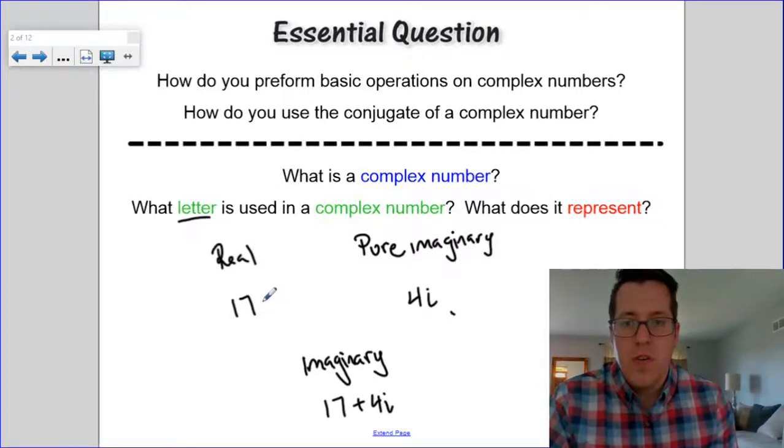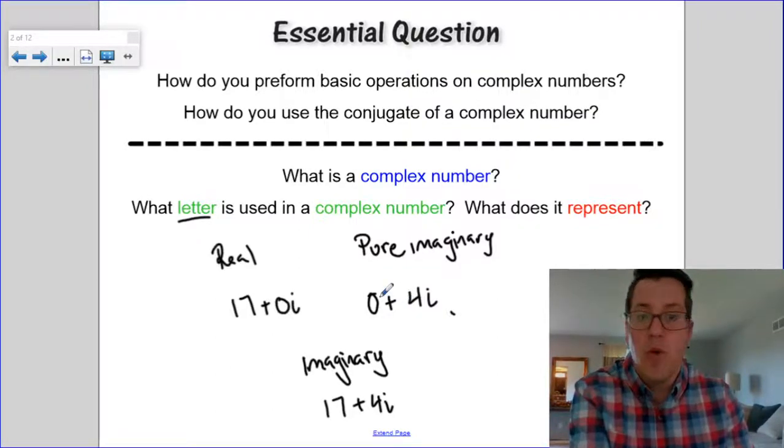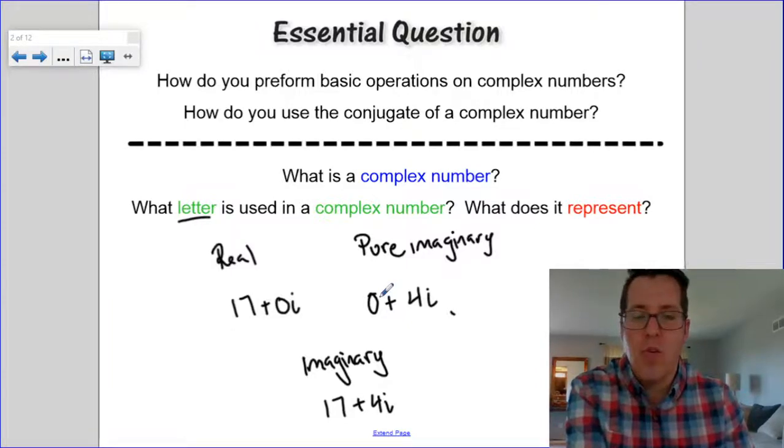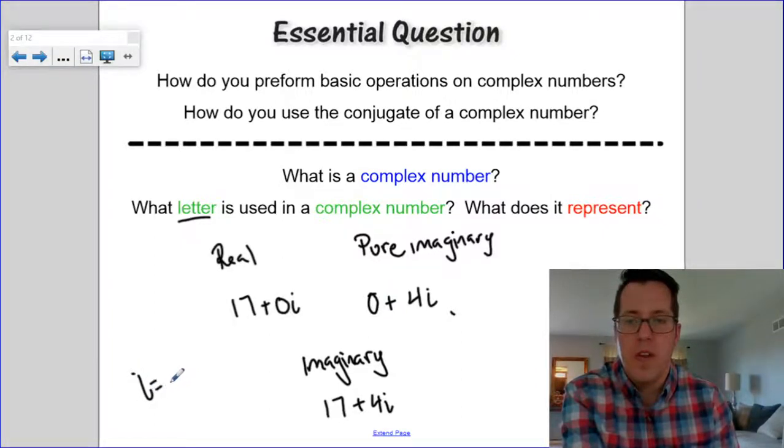For example, we could say 17 plus 0i, or 0 plus 4i, and we'd see that those are all in the same format. More on that in just a second. Remember that that i that we're using represents the square root of -1.